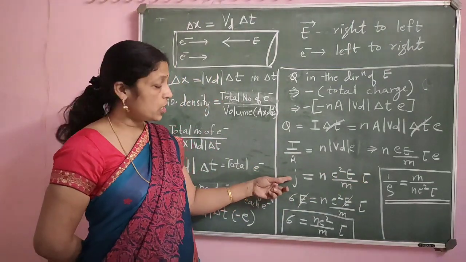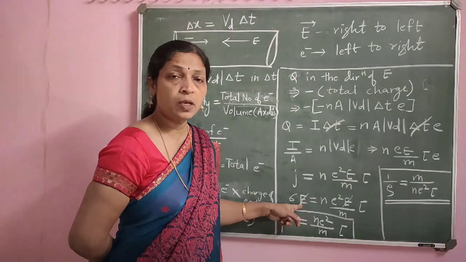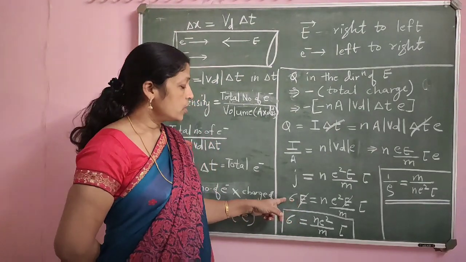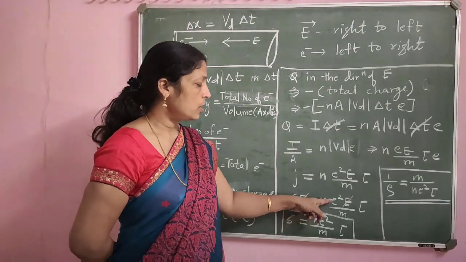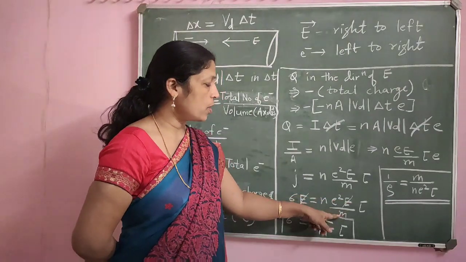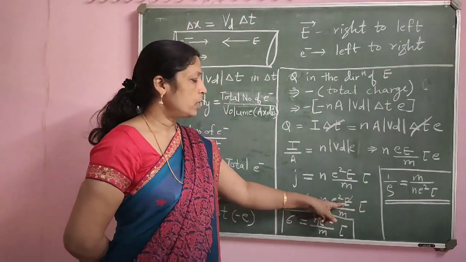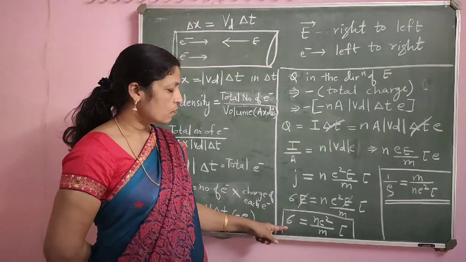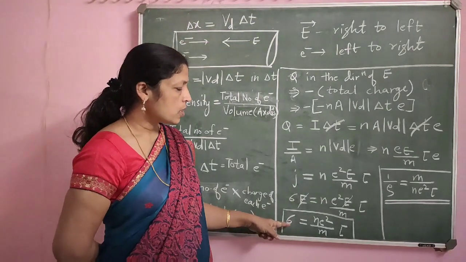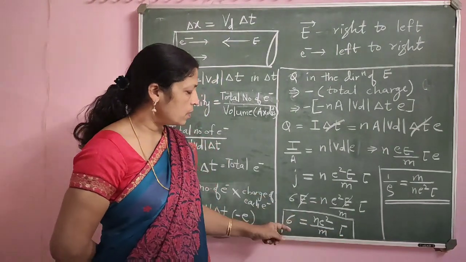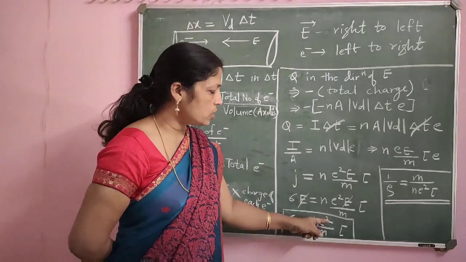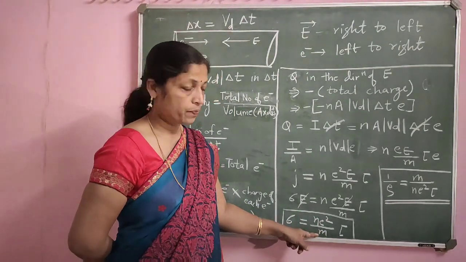J, as we know, equals sigma E. What is sigma? Conductivity. Sigma E equals n e square E tau upon m. Cancel out E from both the sides. We get a relation between conductivity and relaxation time: sigma equals n e square tau upon m.